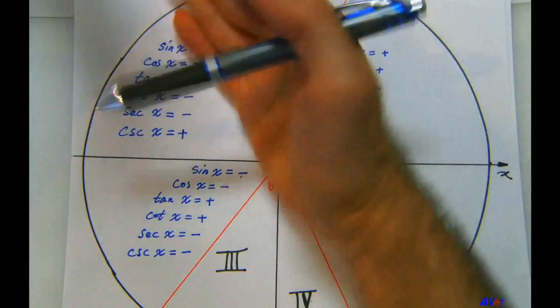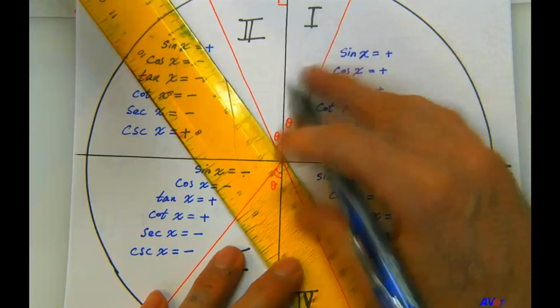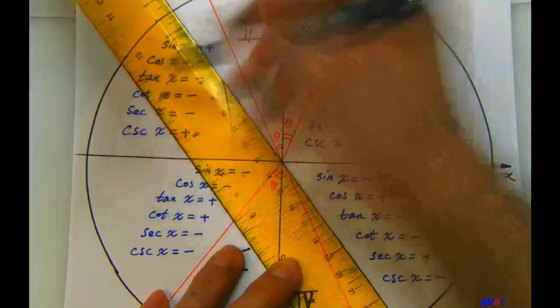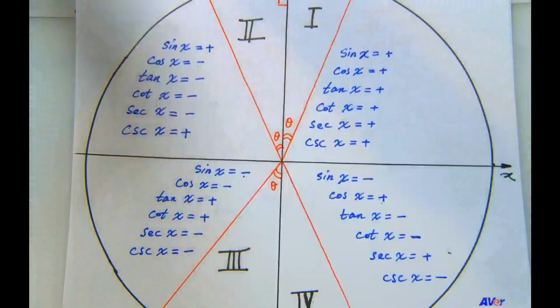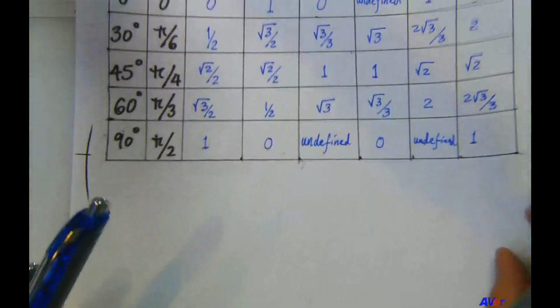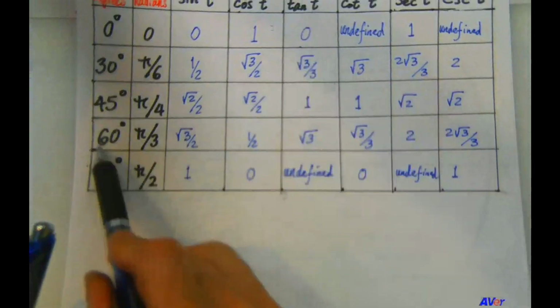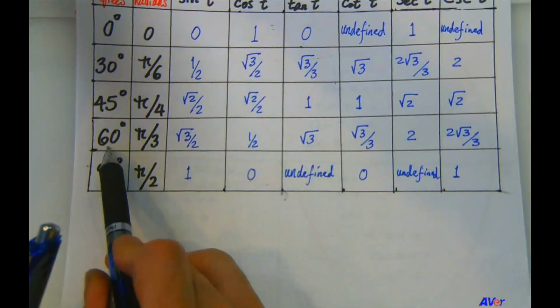If we're here at 120 degrees, then the reference angle would be 60 degrees, and that's where the tangent is negative. So the tangent of 60 degrees, which is the reference angle for us, is square root of 3.